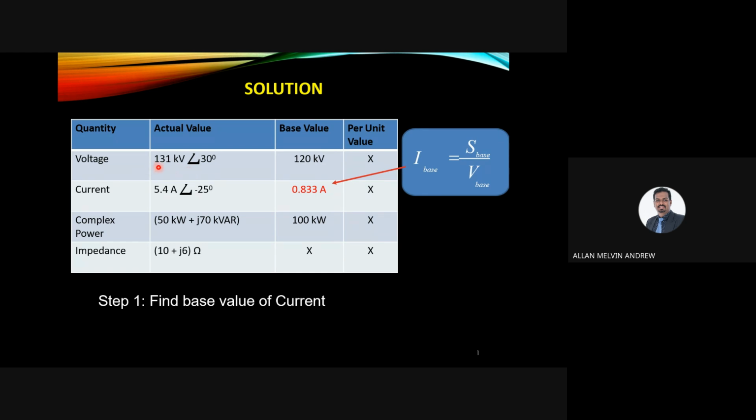If it is 131, don't take 131 and use it here. It's supposed to be 131,000. If you just use 131, you will get the wrong values. Okay, so replace this 100 kilowatt divided by 120 kilowatt. Kilo and kilo can cancel. Then you get I base as 0.833.